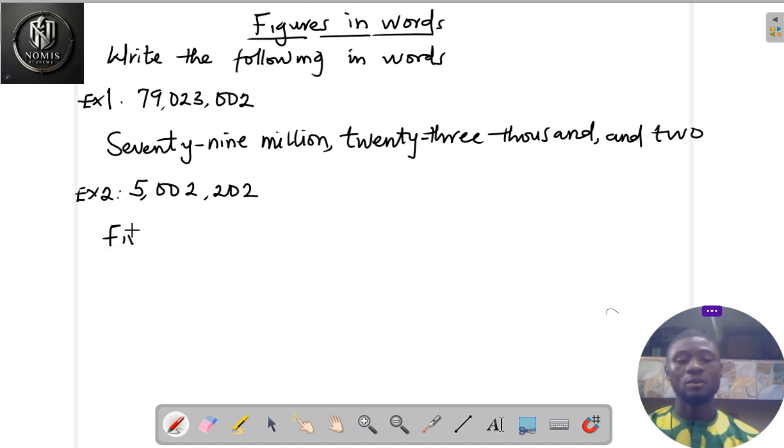So that's 5 million. Every other thing after that 5, you can see we have 0 here, we have 0 here. So they are negligible, so we can just neglect them and not say 0, 102, or 0, 02. No, so you don't have to write 0 while you're writing in words. So we'll just take it as 2.